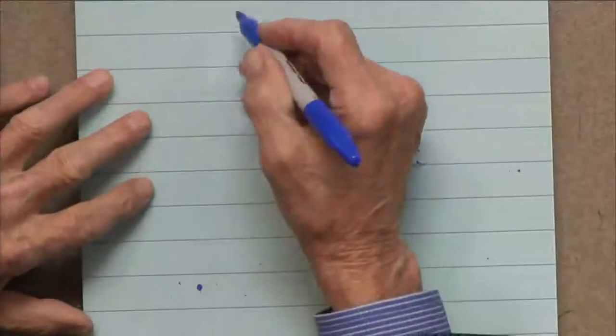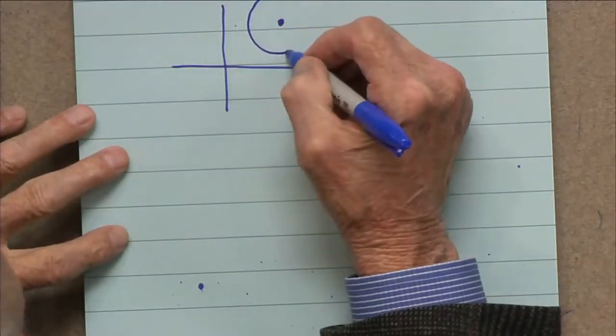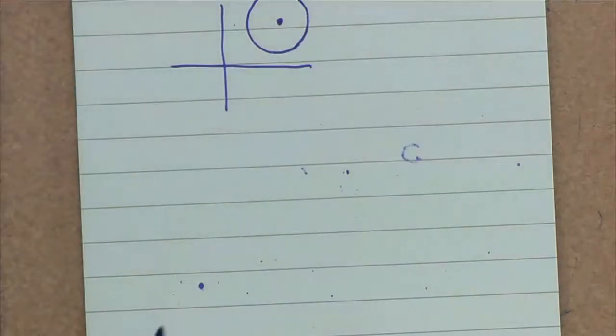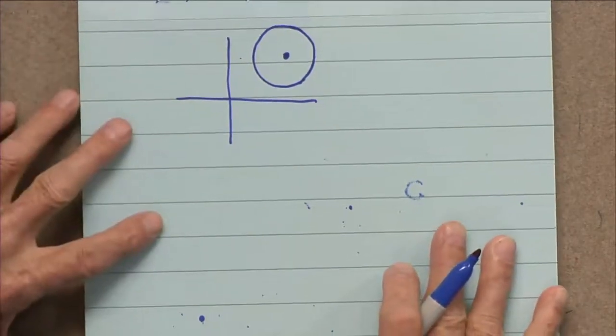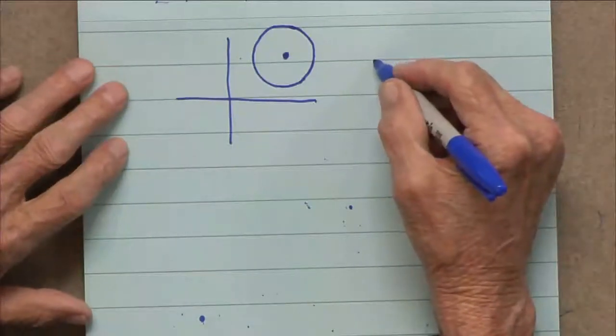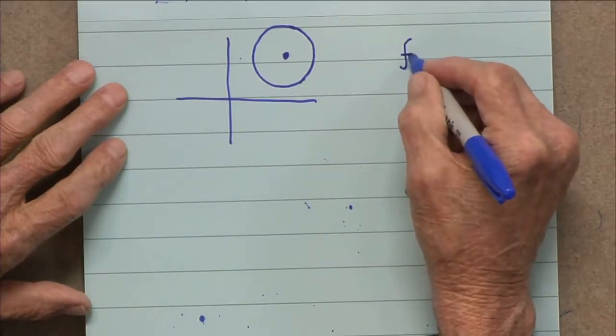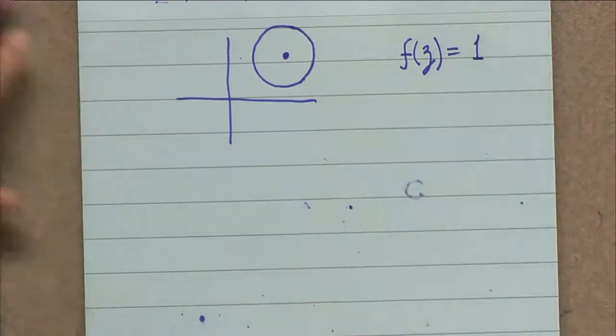Let's give an example. Let's say there's z0, and I'm going to put a circle around z0. I'm going to let f of z equal 1.